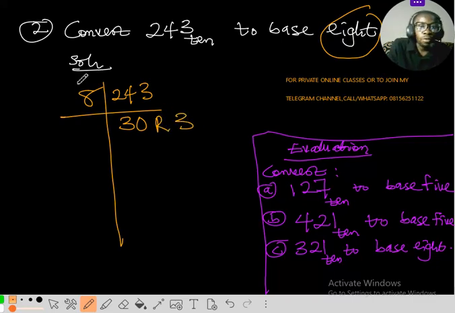This is what I've done here. 243 divided by 8, you are going to get the whole number as 30. 8 times 30 will give you 240. 240, remaining 3. That is the 3 here. Again, 8 in 30. 8 times 1 is 8, 8 times 2 is 16, 8 times 3 is 24.